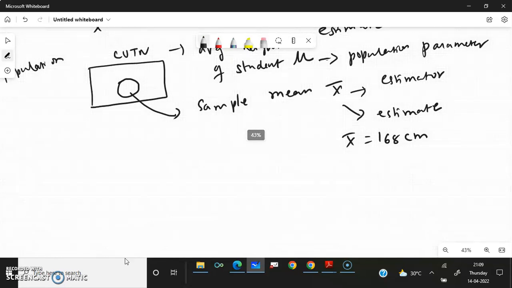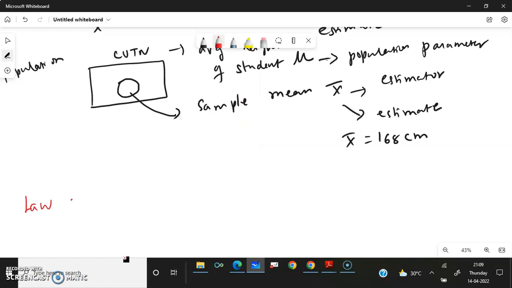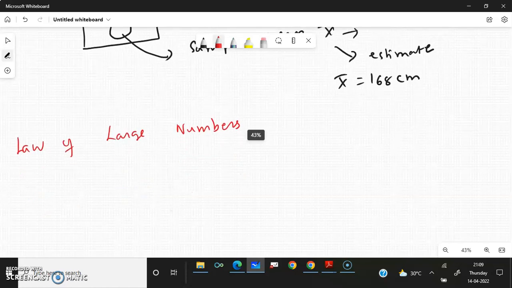Law of large numbers. It is a very important topic. What is this topic about?